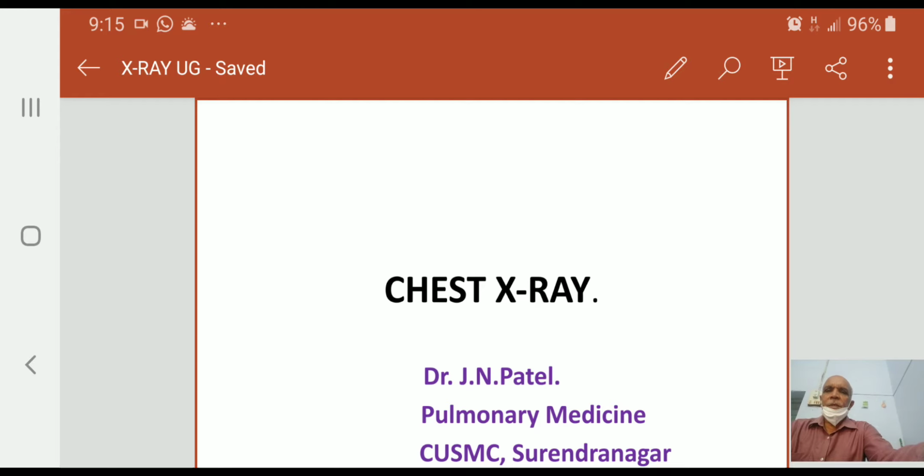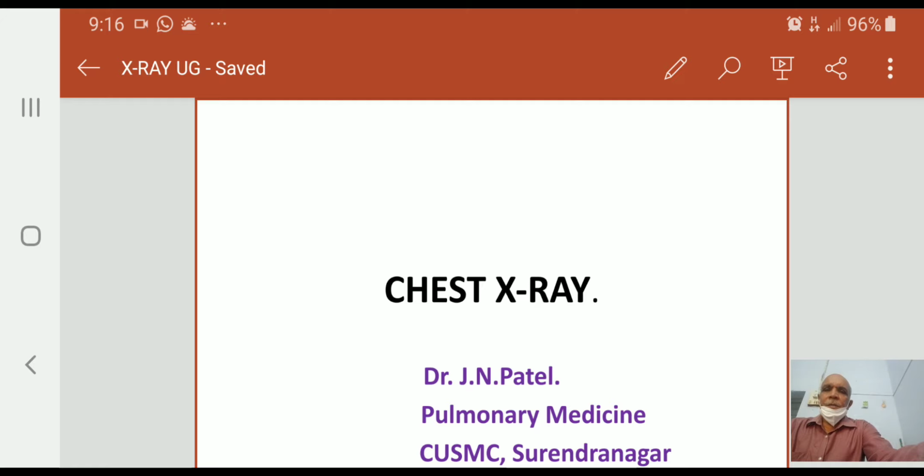Today we are discussing the primary on chest X-ray. This is the most common investigation to be advised in radiology when a patient is having a respiratory or cardiac problem or pyrexia of unknown origin.